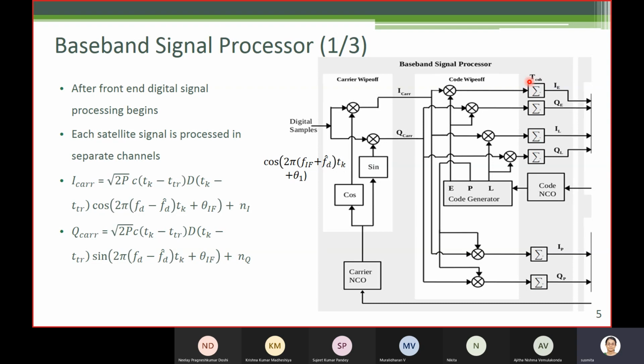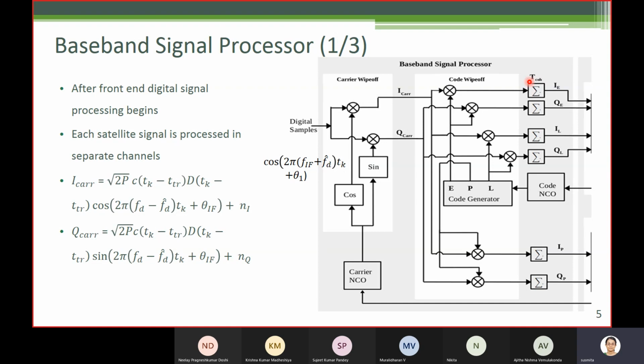The duration of the data bit in the signal structure that we have considered here is 20 milliseconds. 50 bits per second means each bit is 20 milliseconds long. While doing the summation, we do not go beyond a data bit interval of 20 milliseconds. So T coherent generally takes values from 1 millisecond to 20 milliseconds.